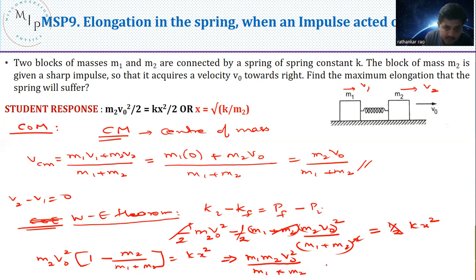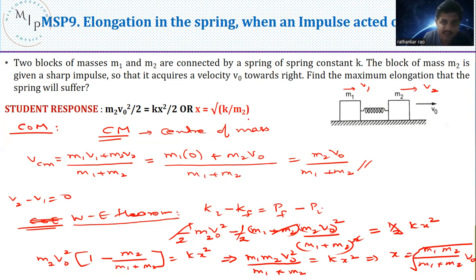Plus m1 plus m2 is equal to kx square. Or in other words, the value of x should now be equal to the square root of m1 m2 divided by m1 plus m2, into v0. I hope you understood this.